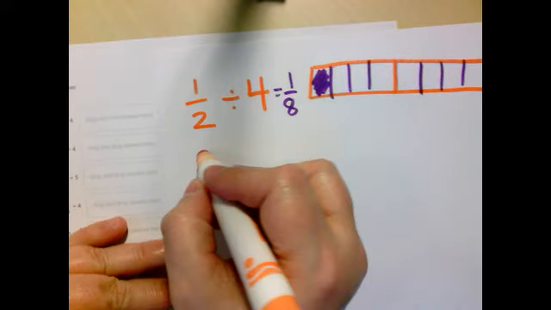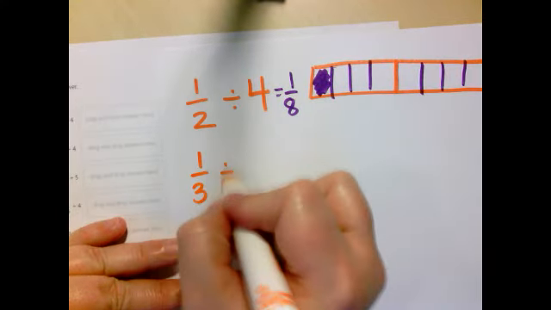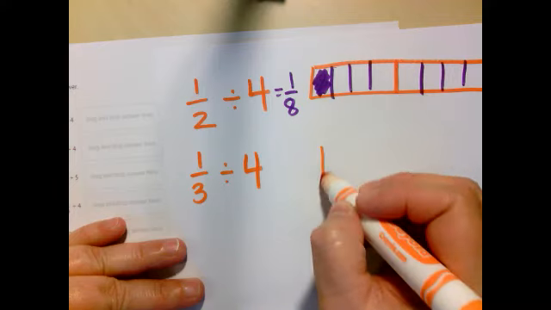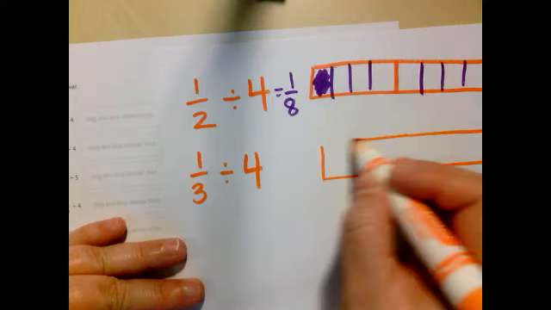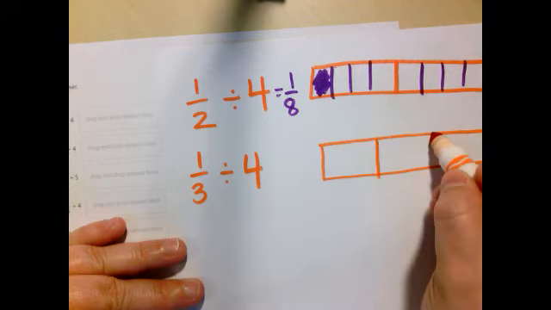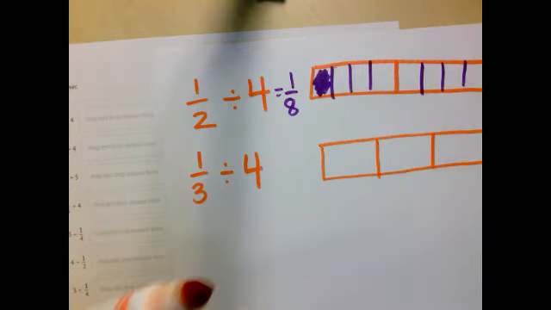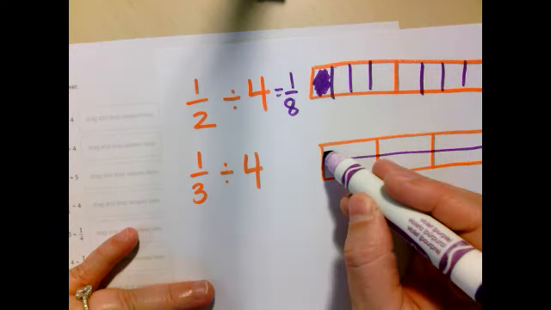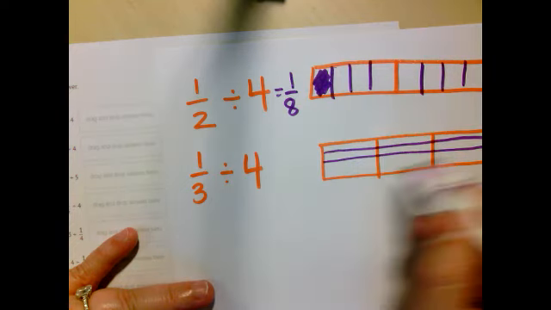Okay, so then the next problem says 1/3 divided by 4. So if we use the same model and we divide this into thirds, and then I have to divide those into 4 pieces, which I'm going to divide this way this time.